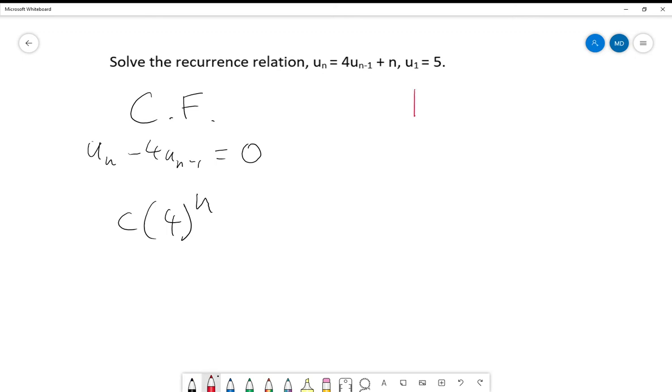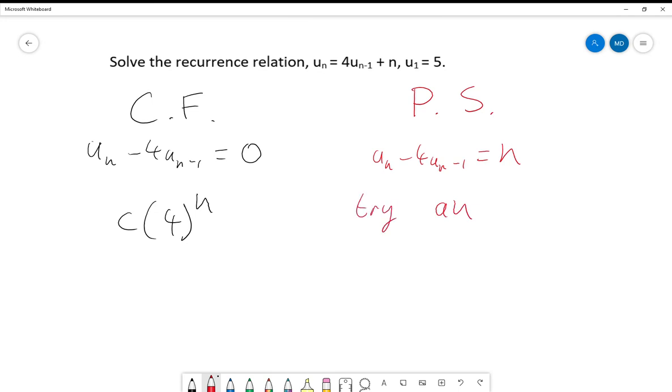For our particular solution, we just want our un minus 4 un minus 1 to be equal to just n. And so it's at this point very tempting to plug in an as our attempt.